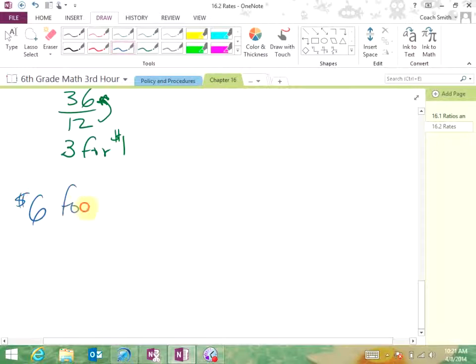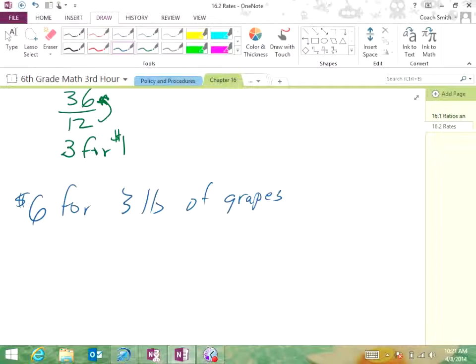$6 for 3 pounds of grapes. When you have the answer, raise your hand.